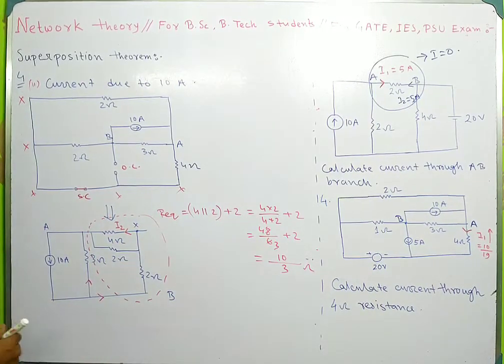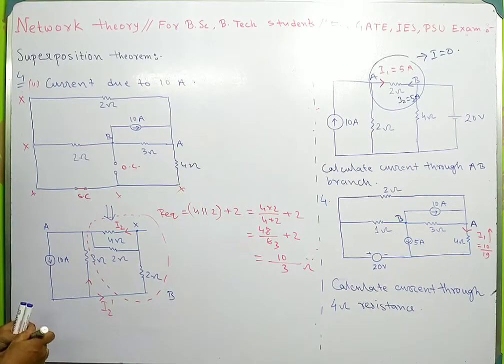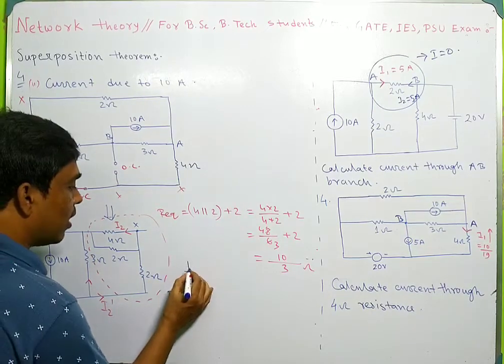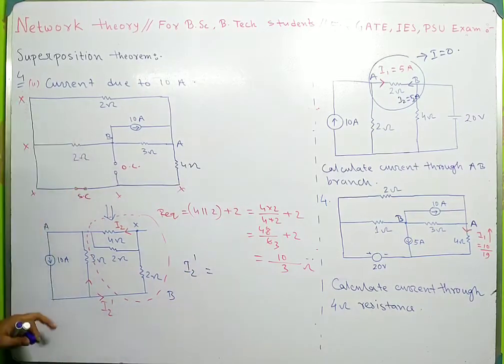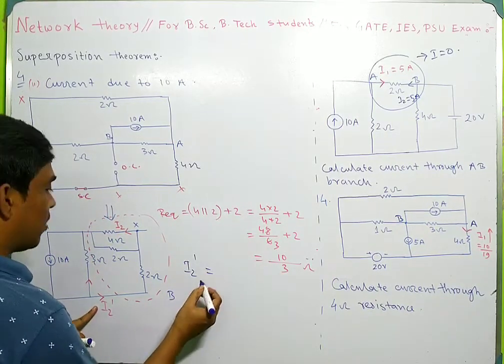Now this current, suppose I2 dash, can be calculated by using the current division rule.